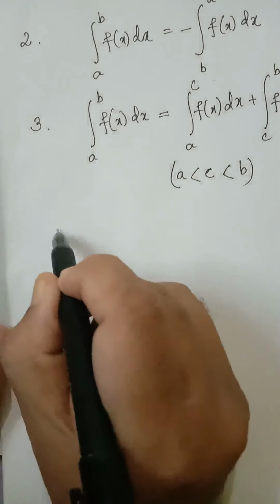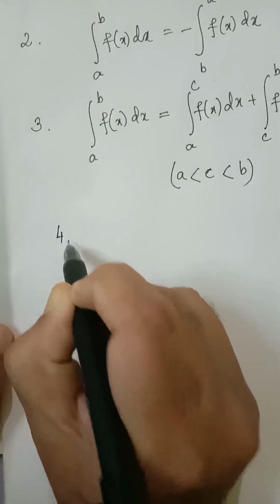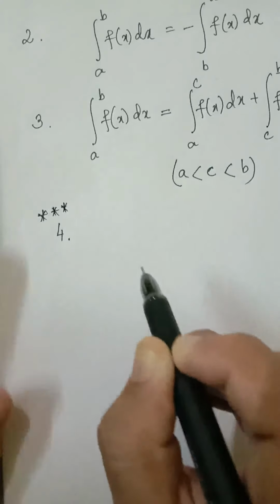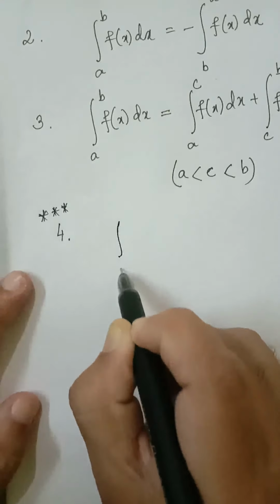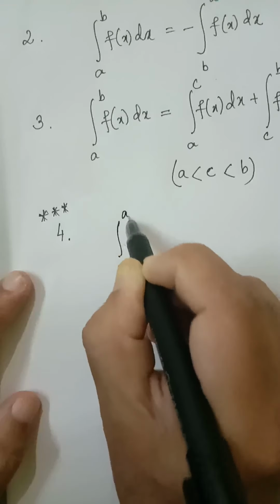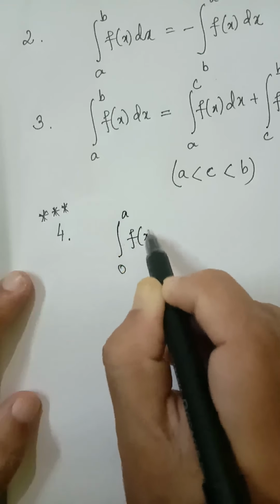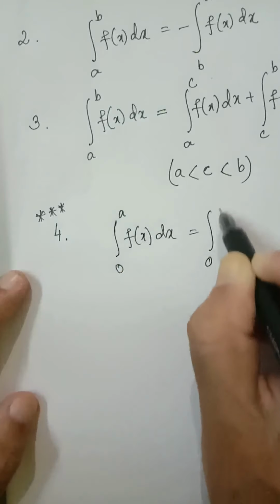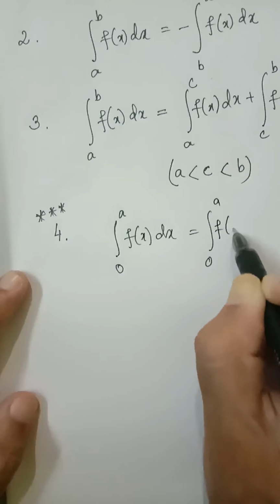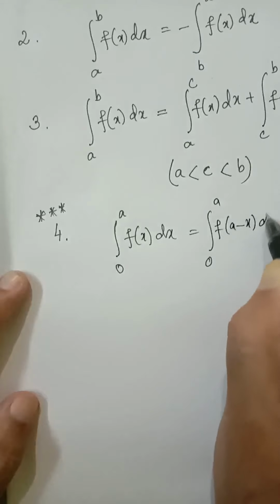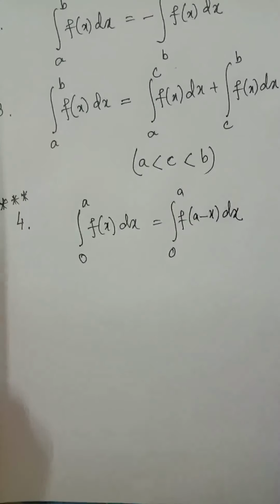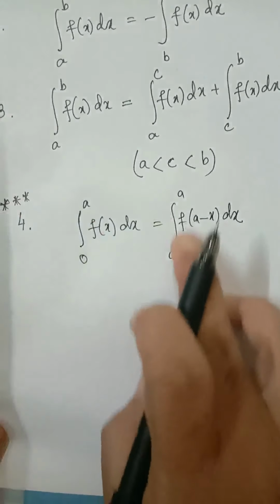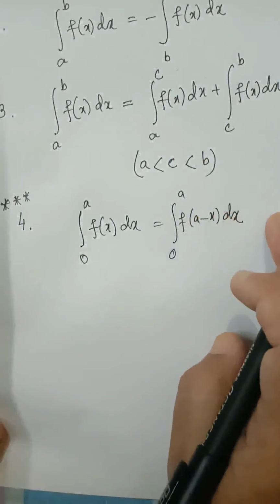Next, property number 4 is a very important property. Integration of 0 to a f(x) dx is equal to integration of 0 to a f(a minus x) dx.